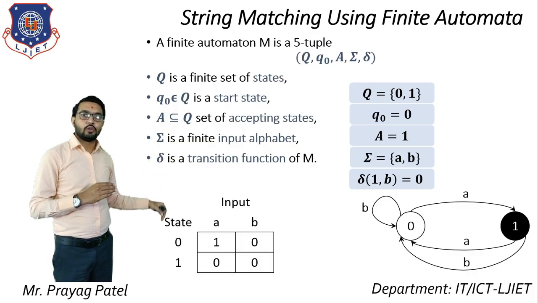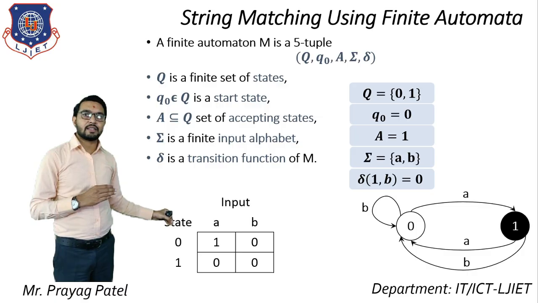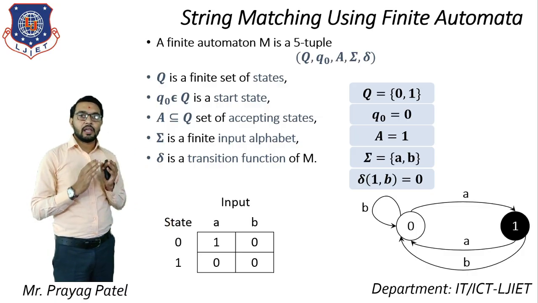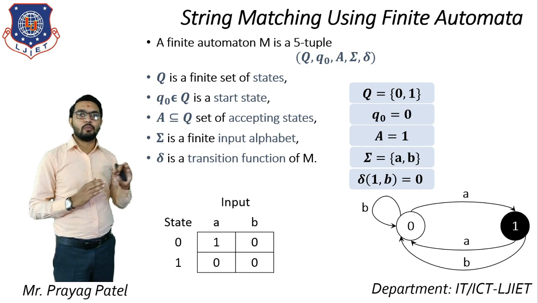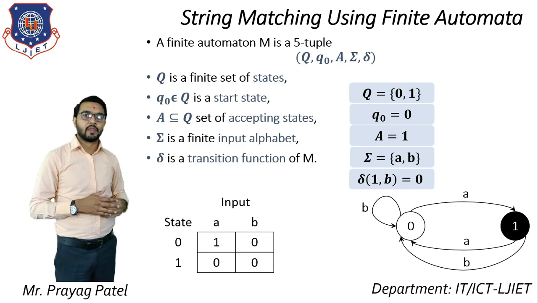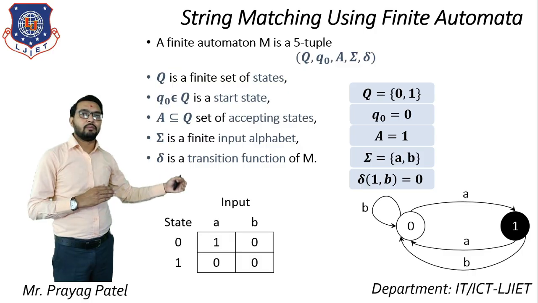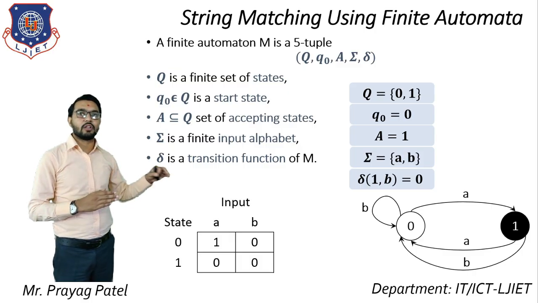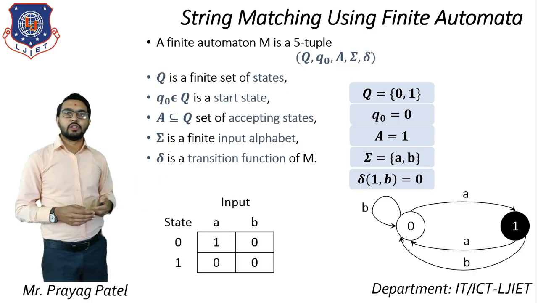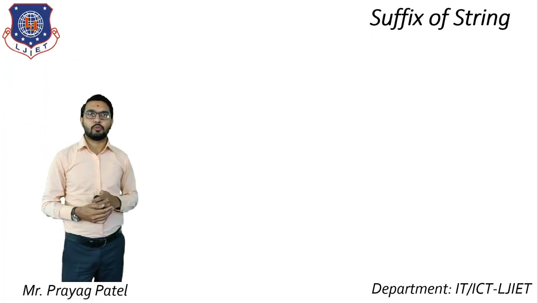Now for the first block, 0 is the row and a is the column. The a output of node 0 moves to node number 1. For the b column, the b output for node 0 is 0. So this is considered a finite automaton.